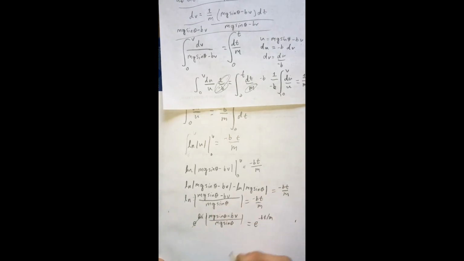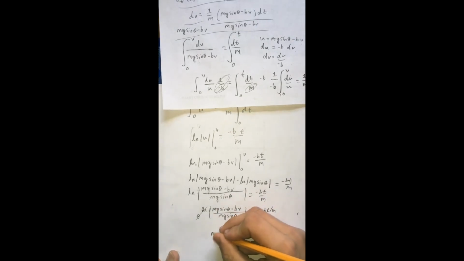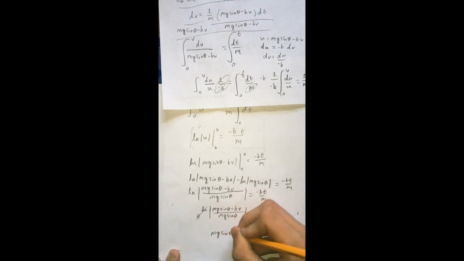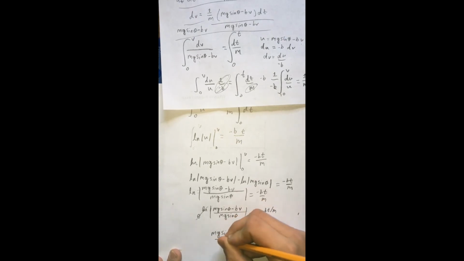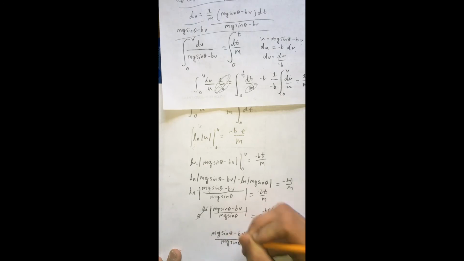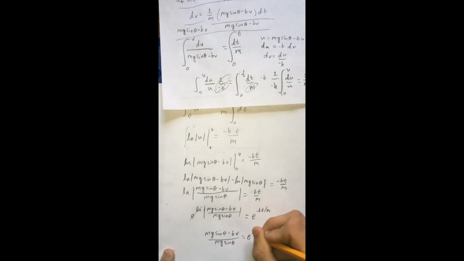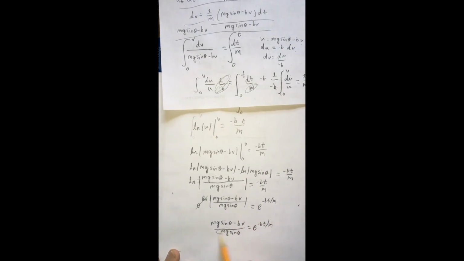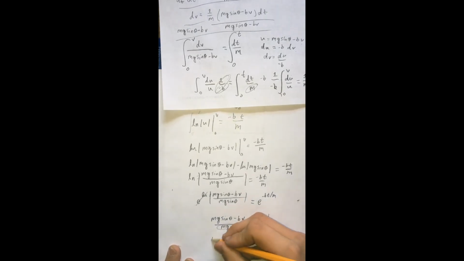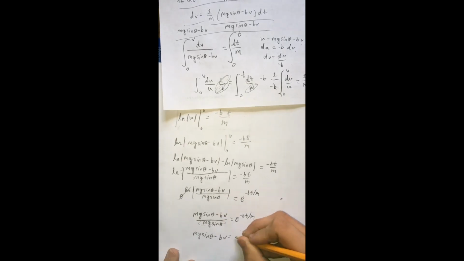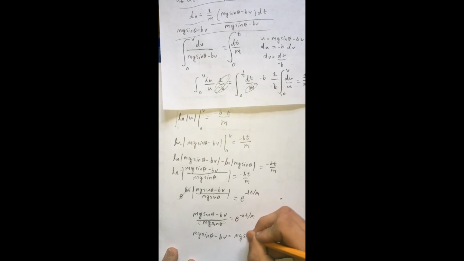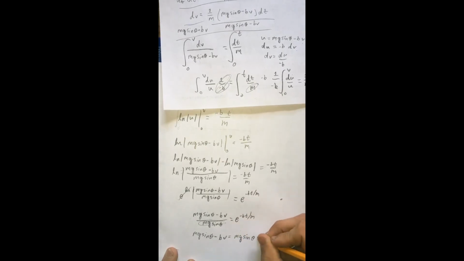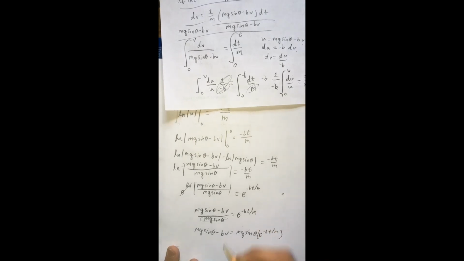The e and the ln are going to cancel out, so we get mg sine theta minus bv over mg sine theta equals e to the negative bt over m. We multiply each side by mg sine theta, and we get mg sine theta minus bv is equal to mg sine theta times e to the negative bt over m.